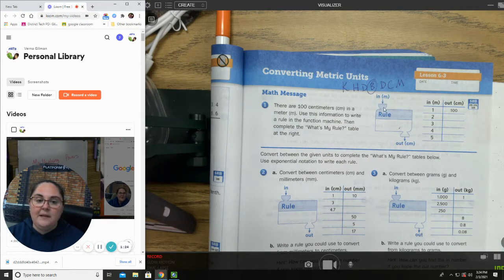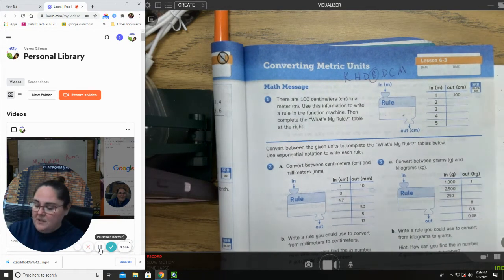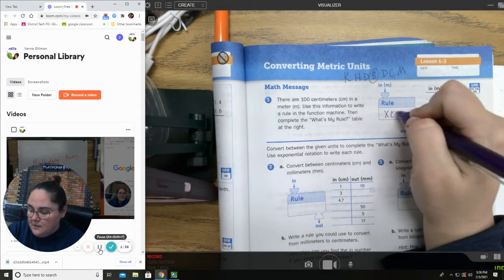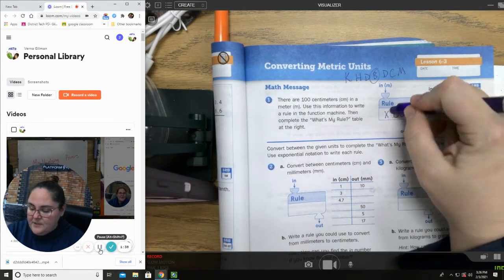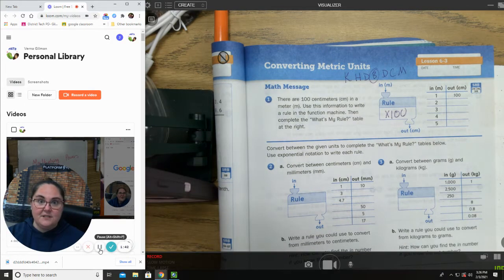So if I put 1 meter in, what do I do to that number to figure out how many centimeters that is? Okay, so for this machine, my rule will be multiply by 100. The reason that is my rule is because for every 1 meter I have, that is 100 centimeters.